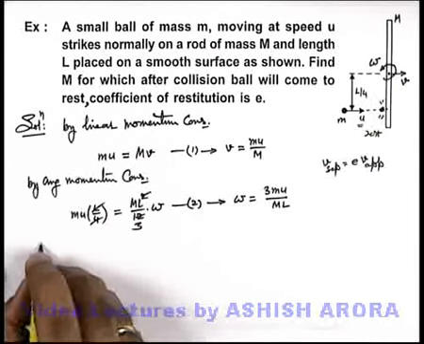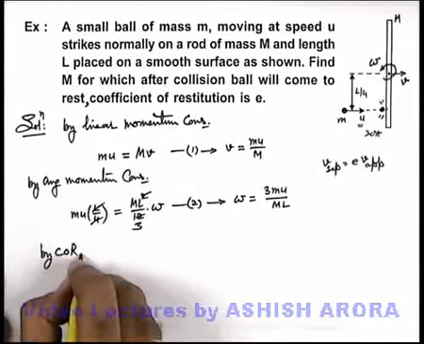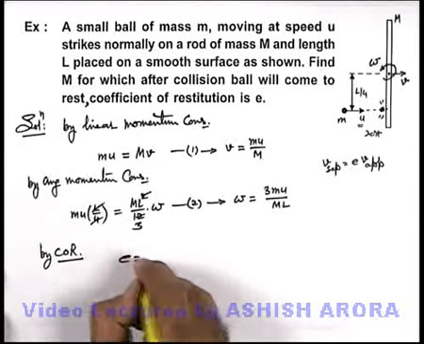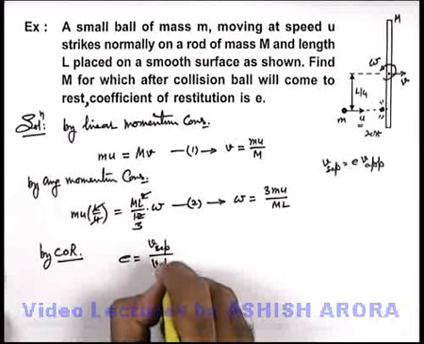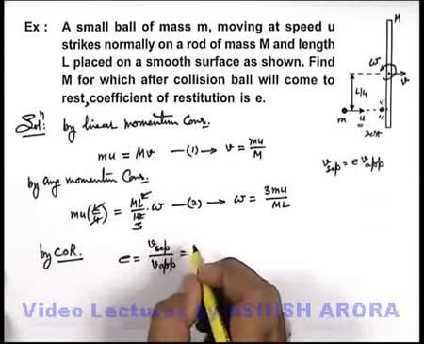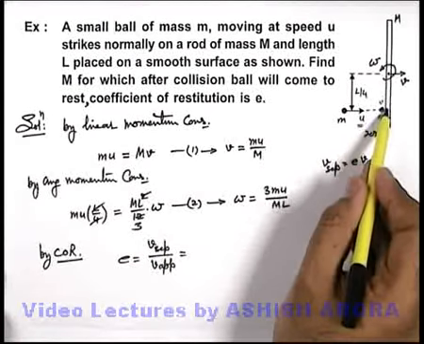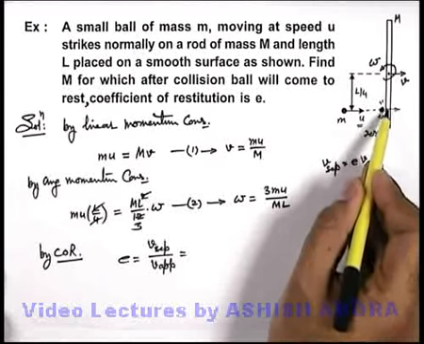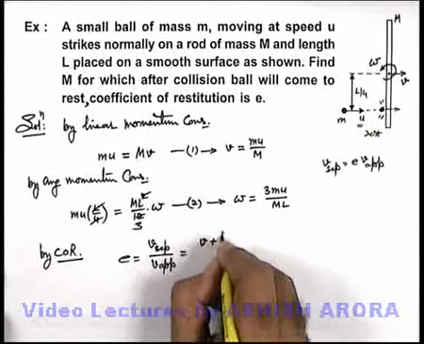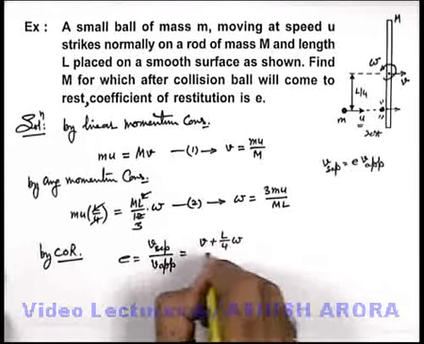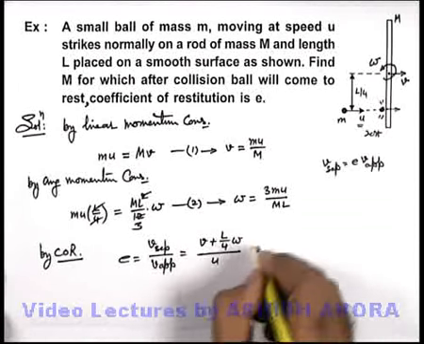So in this situation, by coefficient of restitution, we can write e is equal to separation velocity by approach velocity. Here after collision, the ball will be at rest, so the net velocity of this point of the rod will be the separation velocity, which is v plus L by 4 omega, upon the approach velocity u.